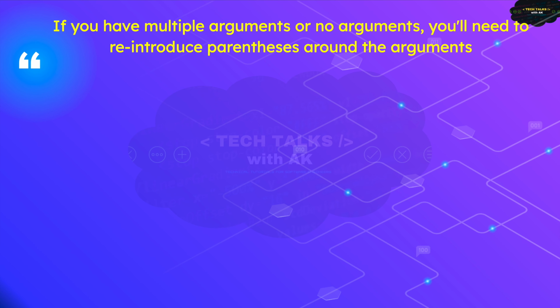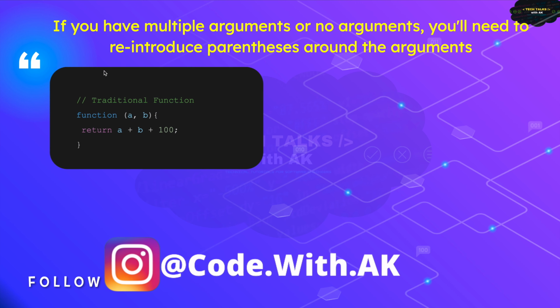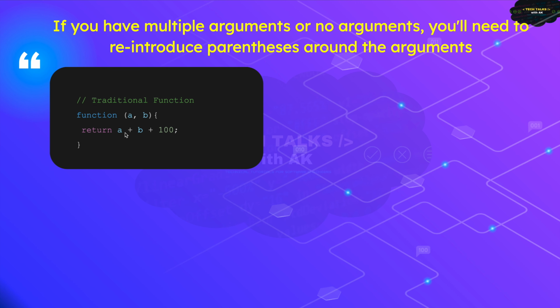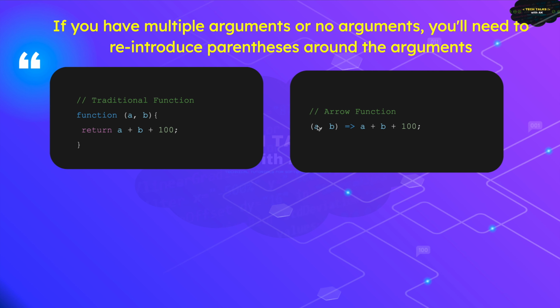If you have multiple arguments or no arguments, you will need to reintroduce parentheses around the arguments. Let's look at the example. So a traditional function which accepts a and b and returns a plus b plus 100. In an arrow function, we can say parentheses a comma b, then arrow, then a plus b plus 100.